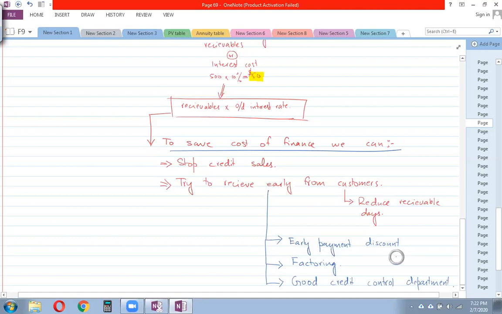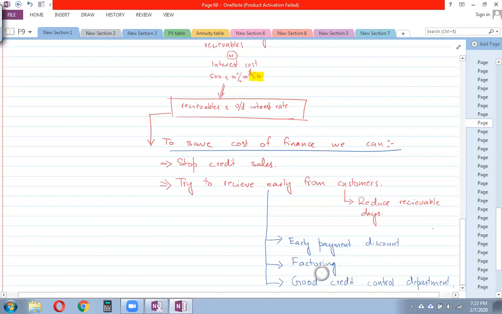So should we offer early payment discount or not? Well, we have to see how much we are spending on the discount cost and how much we are saving in the interest cost, right? So you have to actually measure and then you have to decide if it is a good option or not. Similarly, factoring, right? Well, factoring will reduce your receivable days, but the issue is this can upset some of your customers, right? If the credit control department is very strict, again, this can upset some of your customers.